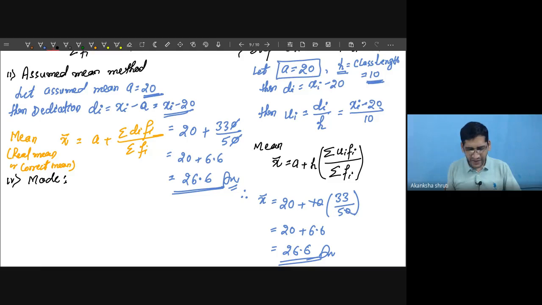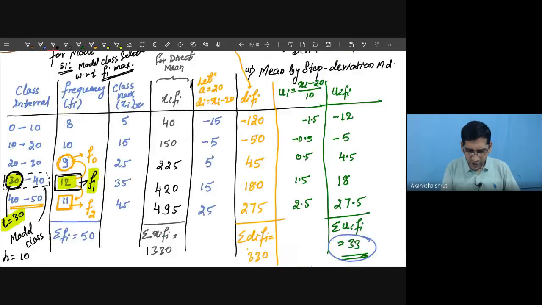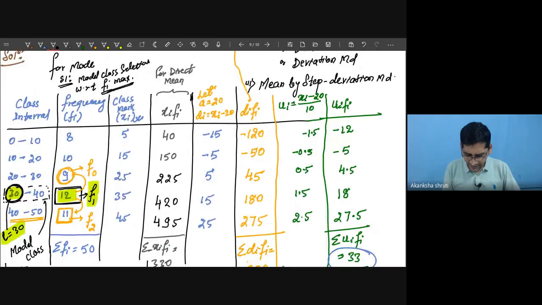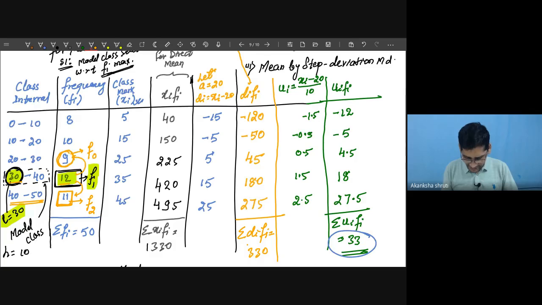Student, we have marked here that by observing the frequency column, the highest frequency 12 we have allocated. From this 12, we have allocated the modal class 30 to 40. So this 12 is acting as F1, this 30 is acting as L, and the interval is 10. 40 minus 30 is 10. You may take this as 50 minus 40 also.